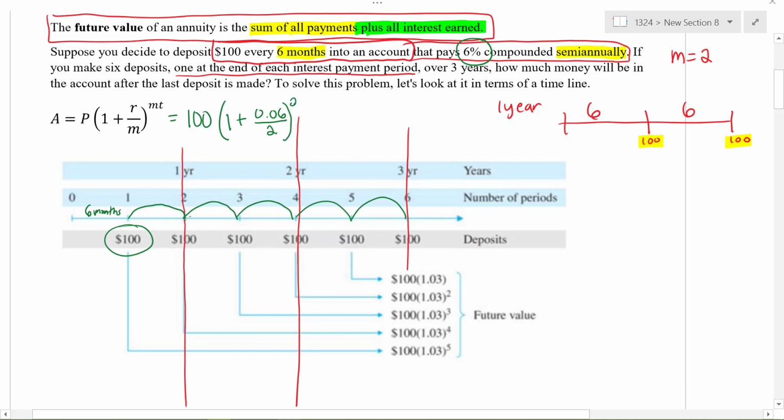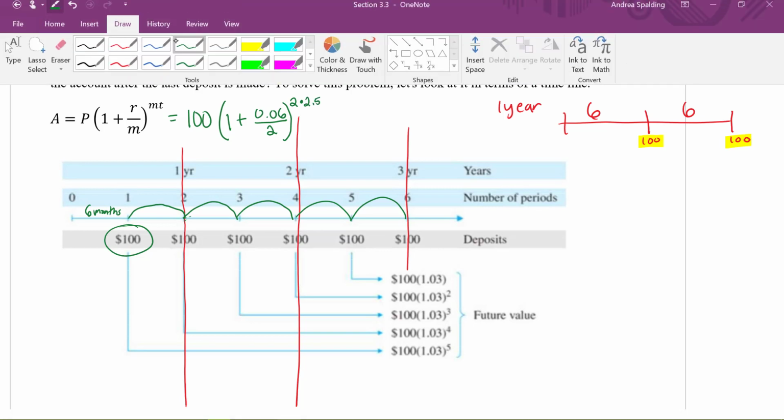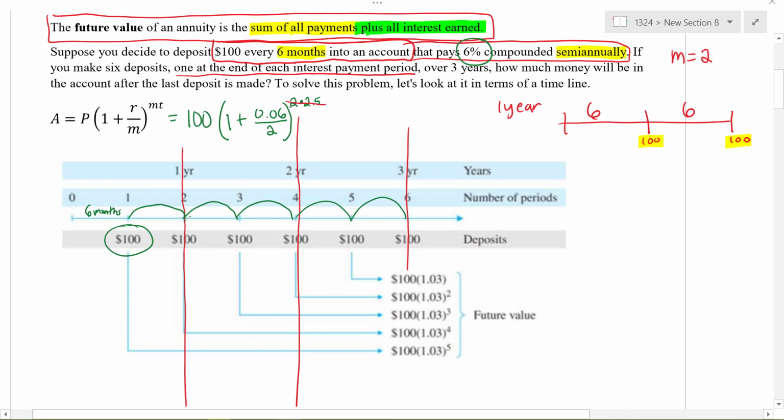We said semi-annually, our M value is 2. So I'm going to do 2 times our T value. And our T value here, if you look at our timeline, is only 2.5 years. So I can multiply that by 2.5. Now 2 times 2.5, I put that in my calculator, and I'm going to get 5.